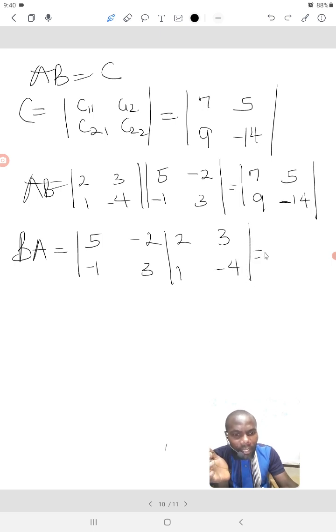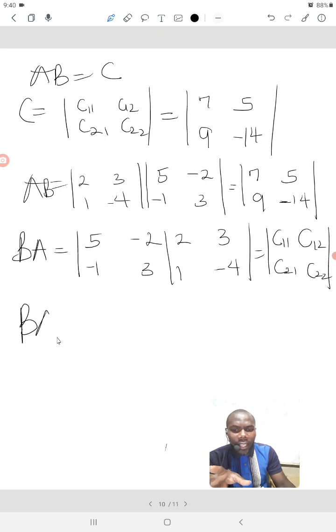It will still be equal to C, which is C11, C12, C21, C22. So it means BA is equal to C.